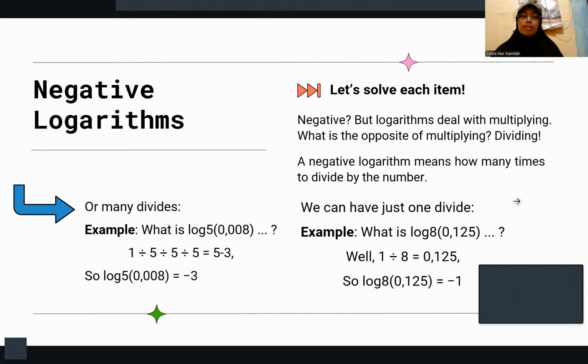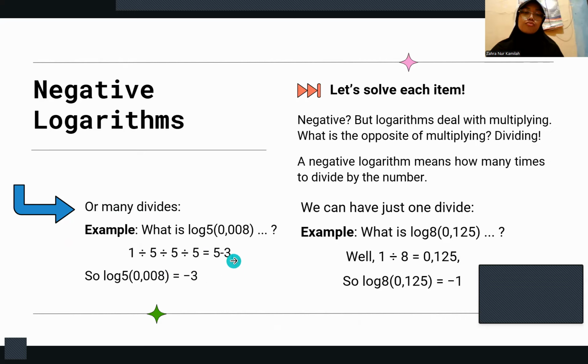Next, negative logarithms, for many divisions. The example is log base 5 of 0.008. It's 1 divided by 5, divided by 5, divided by 5.